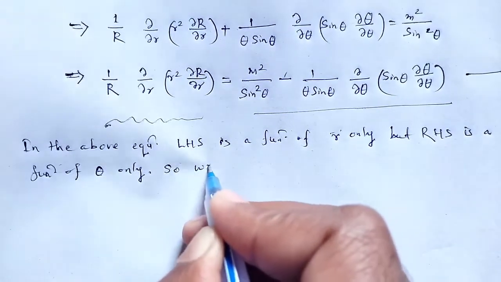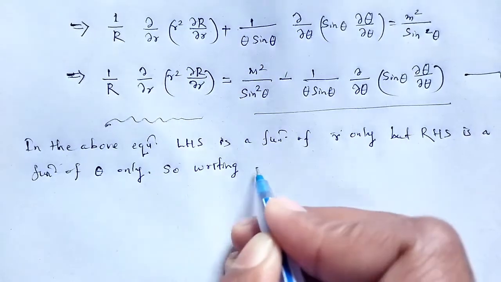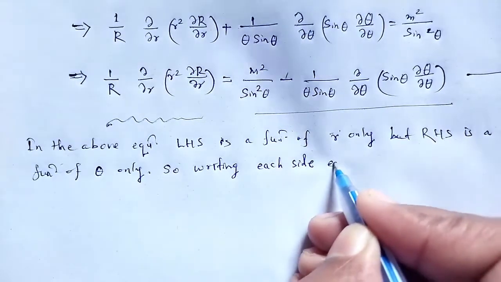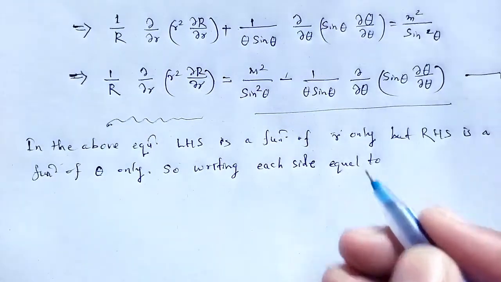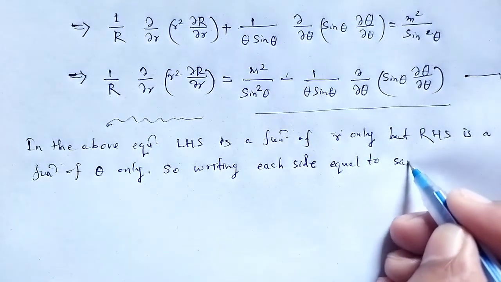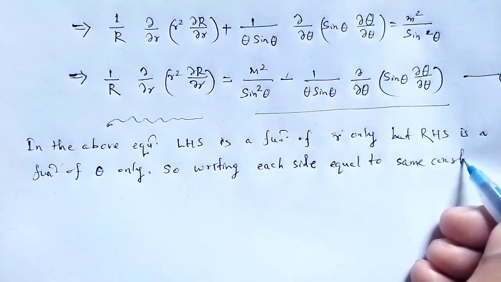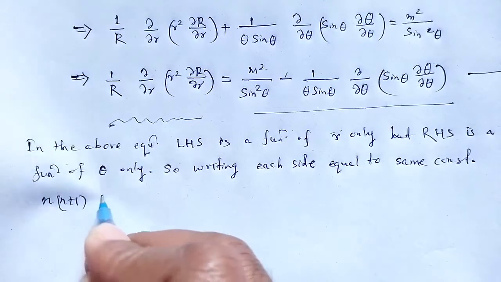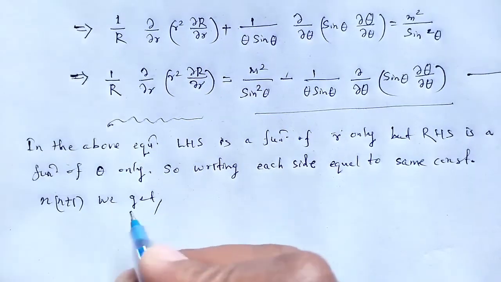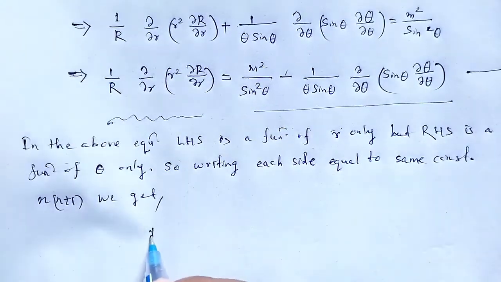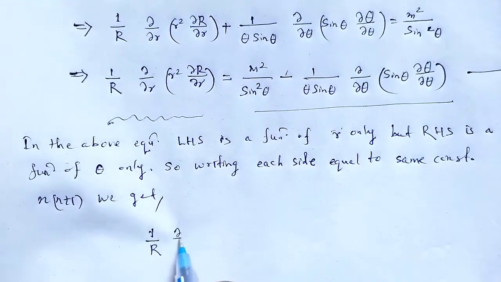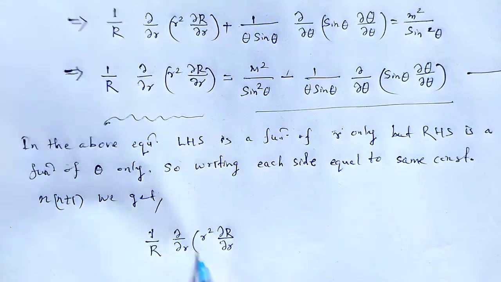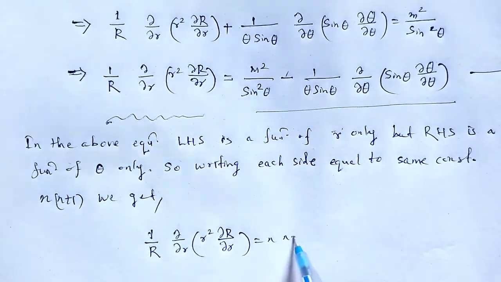So writing each side equal to the same constant, let it be n into n plus 1, we get 1 by r del by del r of r square del r by del r is equal to n into n plus 1.